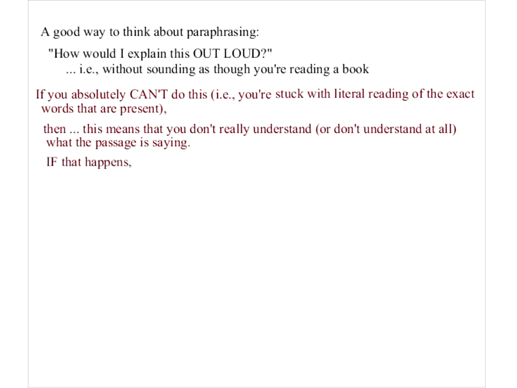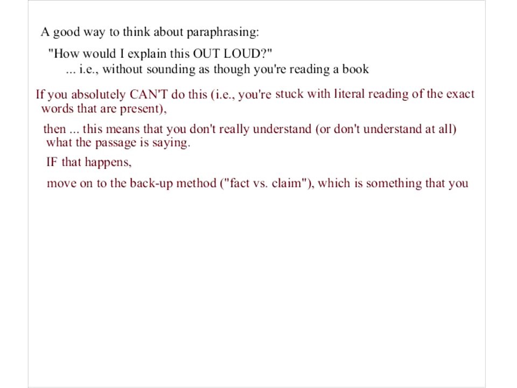If that happens, where you just don't get it, just move on to the backup method, which is fact versus claim, which is something that you can still utilize even if you don't understand the logical flow.